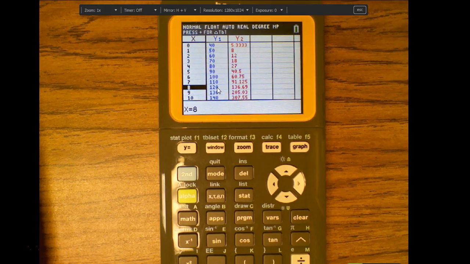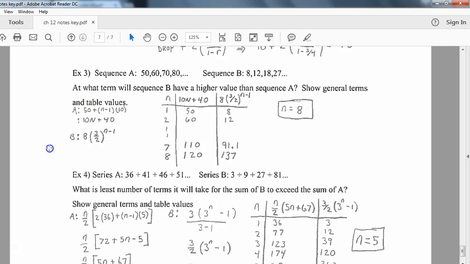And so one of the things that you're going to be asked to do to show where you get the answer of 8 is to show a couple numbers on your table. And so that's what we did. I showed a little bit of the table that we just got from the calculator. So I showed the first couple terms for each one. Of course, I showed the general rule for sequence A and for sequence B. But then I just showed where the change occurred.